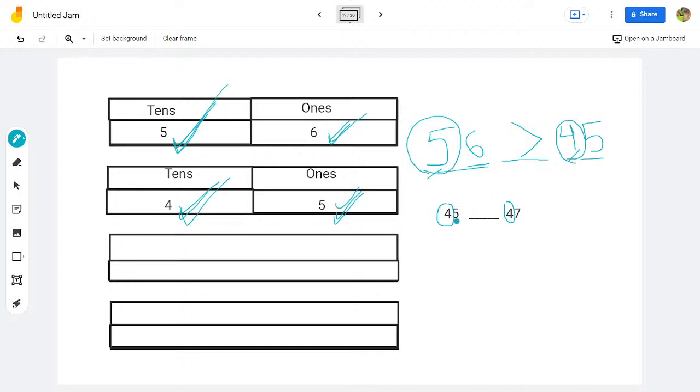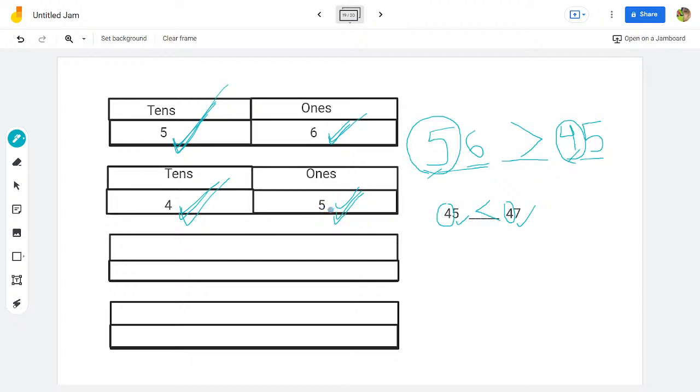In this case we will move on and compare the ones column. Here we have a 5 while here we have a 7. So which number is bigger, 5 or 7? 7 is bigger. So we would put a crocodile sign towards the 7. So 47 would be bigger than 45.